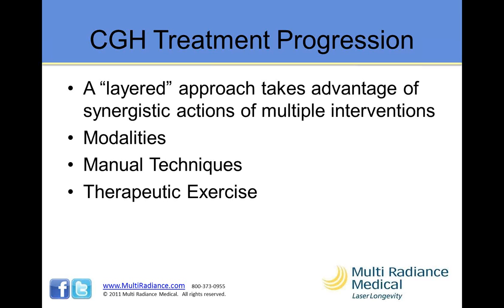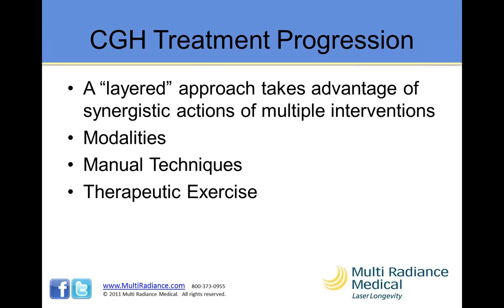We also have a standard approach to our treatment, and we call it more of a layered approach, where we use multiple interventions that are synergistic with each other and layer those interventions as we go through the treatment progression.